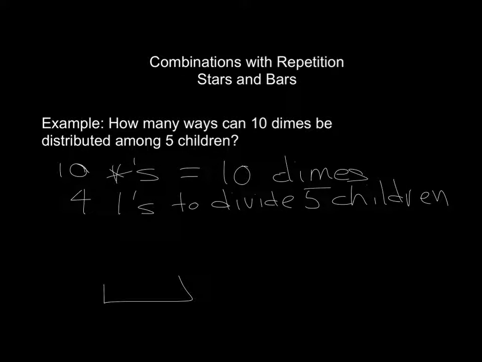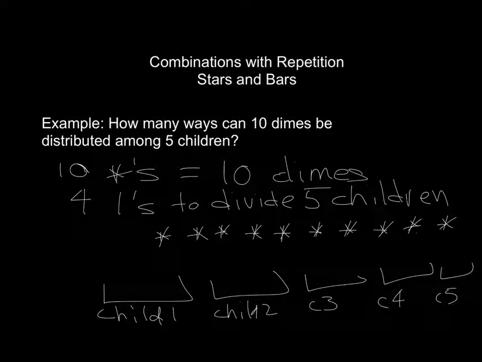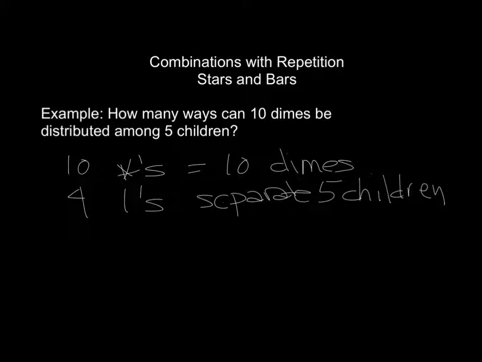And again, we think of this as child 1, child 2, child 3, child 4, and child 5. They have their piggy banks out, and we're going to distribute these 10 dimes somehow into their piggy banks until all the dimes are given away to someone.